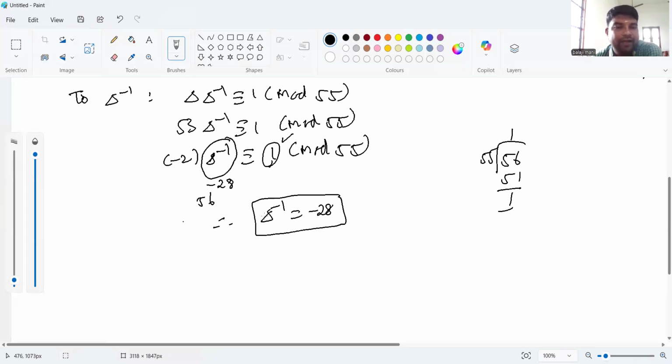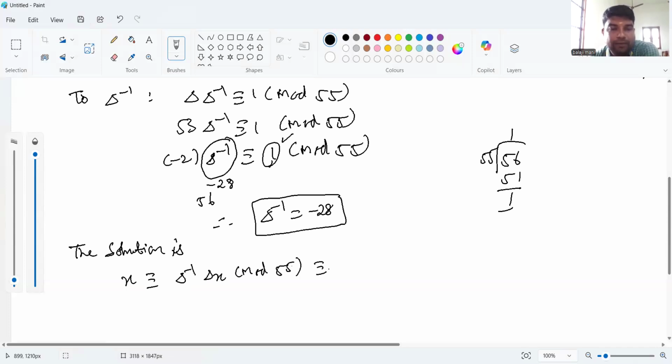After finding this del inverse, we can write the solution. The solution of the given system, using step 4, is x congruent to del inverse times del x modulo m, that is modulo 55. So del inverse is minus 28, already obtained, and del x is 1, already obtained.